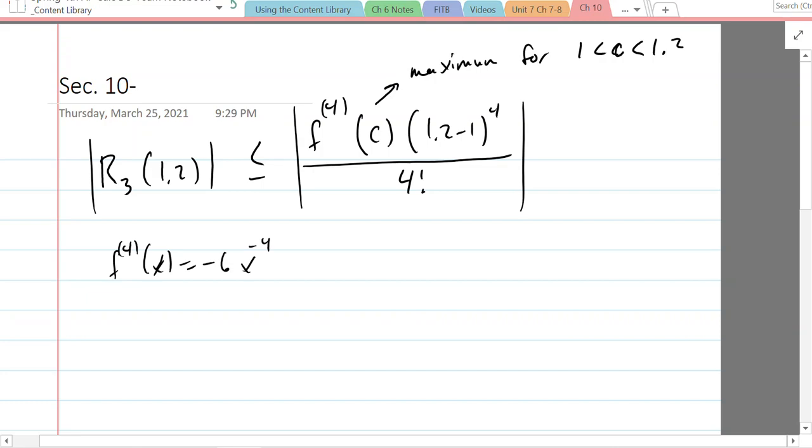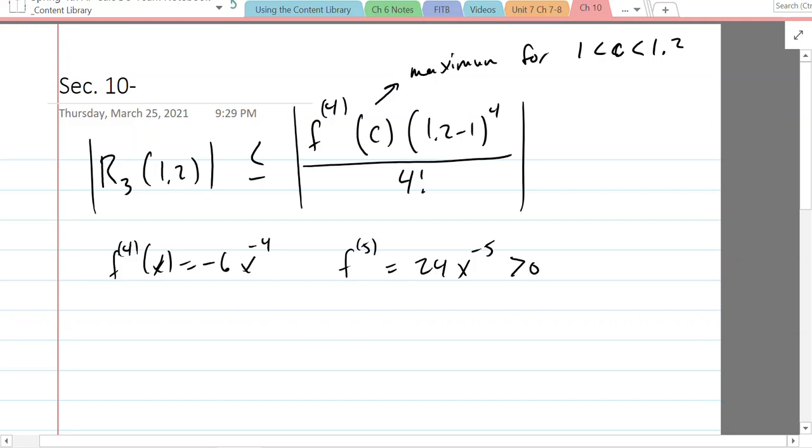And we've got to figure out for this where its maximum is. So we're going to take the 5th derivative, and we already have that. The 5th derivative was 24 x to the negative 5, and that is positive. It's greater than 0.